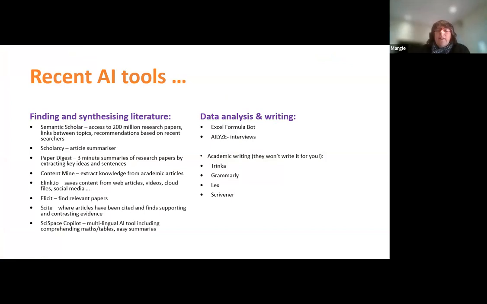Yeah, it's been very interesting doing my PhD, and with how you always get these consortiums and groups and networks, there's been a lot of sharing amongst my group around available tools. So I thought I'd put this together around finding and synthesizing literature.